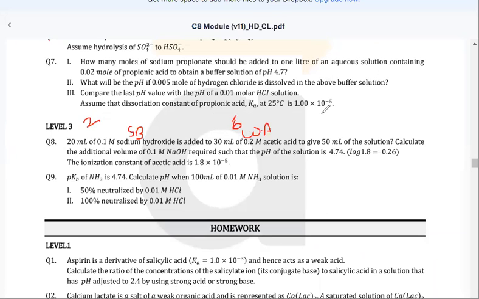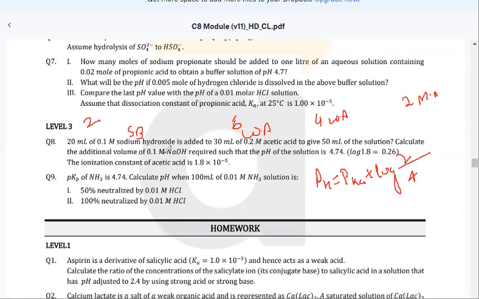So we will be left with 4 millimoles of weak acid and 2 millimoles of salt of weak acid. Yes or no? So I can say that pH is equal to pKa plus log salt by acid, right? Salt is 2 and acid is 4.